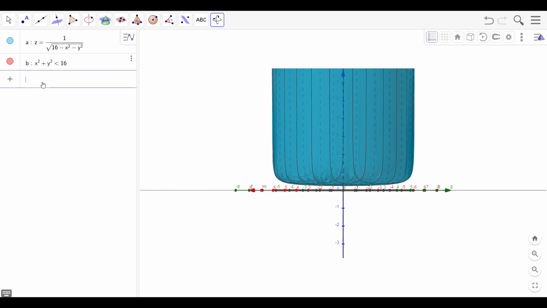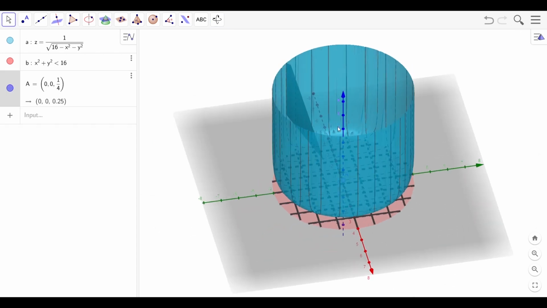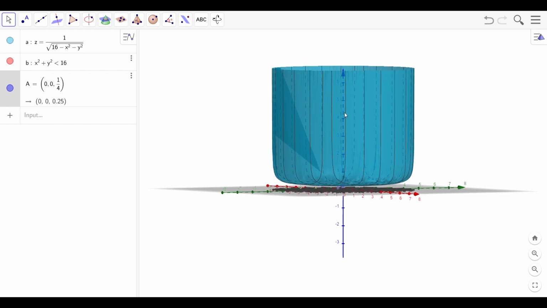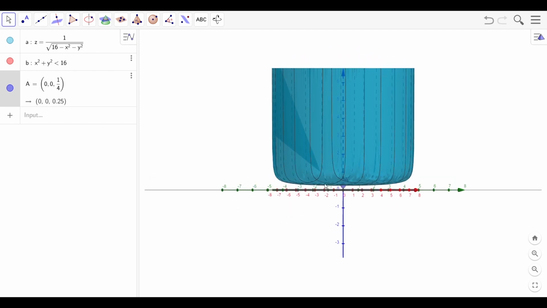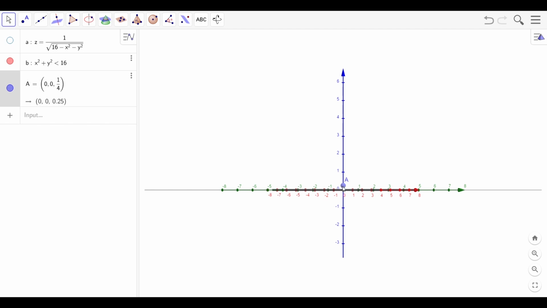So we may put 0, 0, 1 by 4. You can see that that point is actually the point of intersection of this surface with the z-axis. So this point to infinity gives the range.